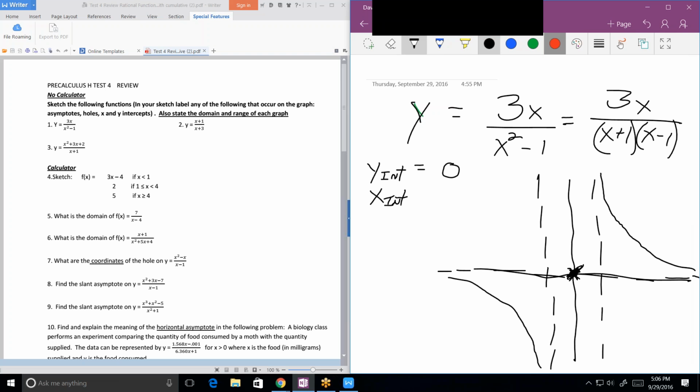Here are the two possibilities. I'm either like that or I'm the black. Let's wait for a second to talk about what happens in the middle, in between the vertical asymptotes. But how can I tell whether the black is correct or the red is correct?